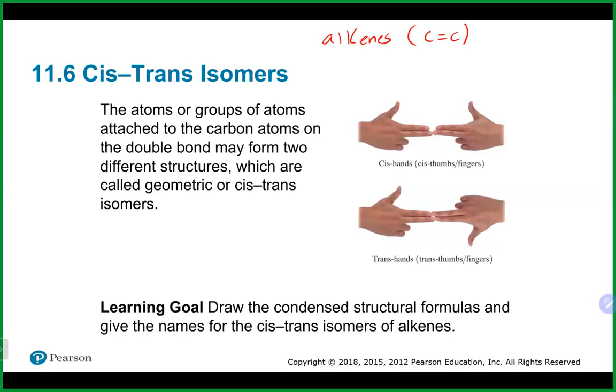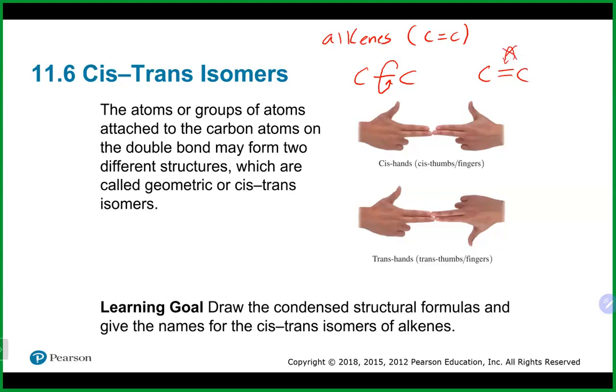When we add the double bond, we lose the rotation around the single bond. In a single bond, you could rotate this group around that single bond with no problem. When we get the double bond in there, we lose that ability to rotate around it.